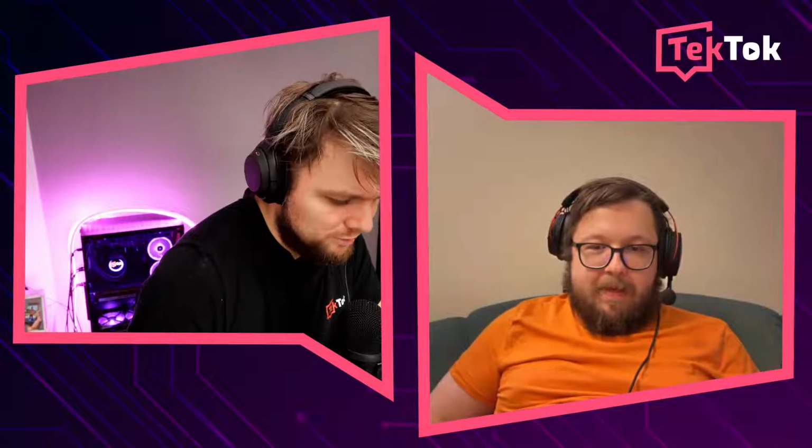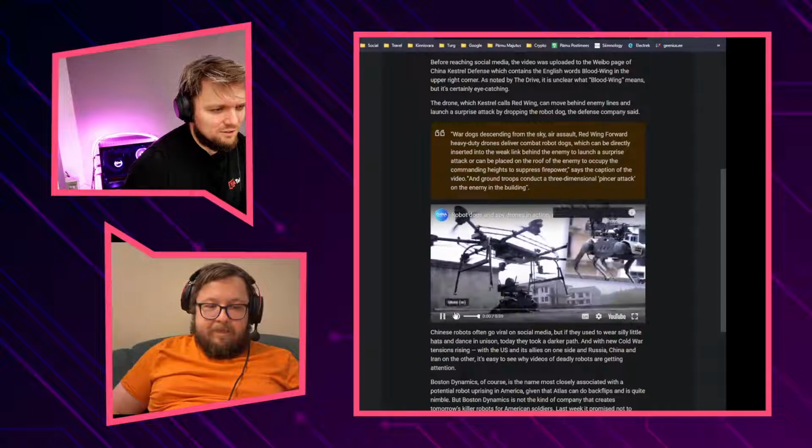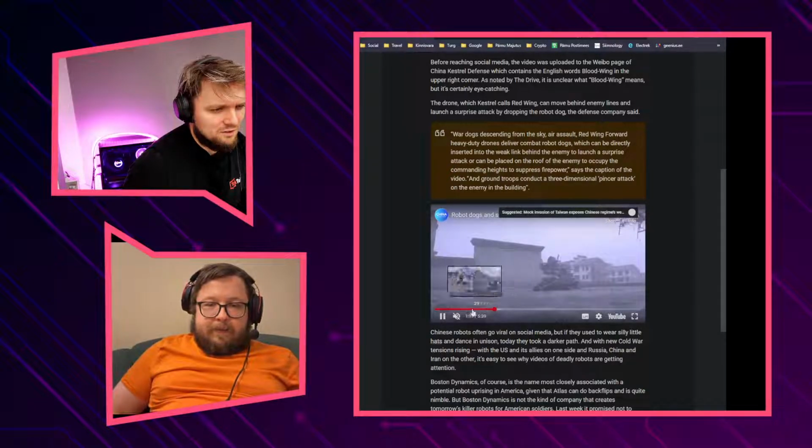Since we're talking about it, China robot dog drone drop off. Yes.